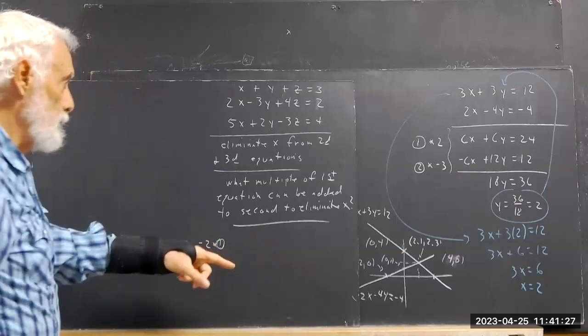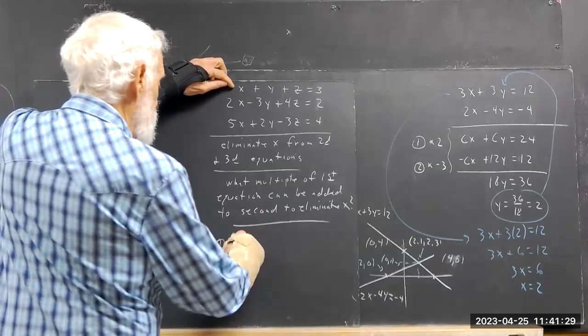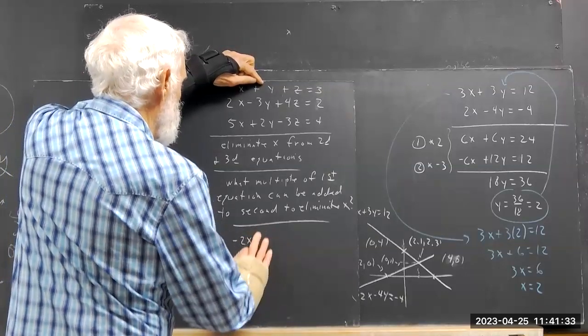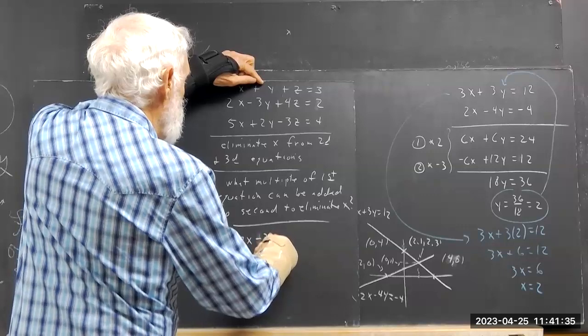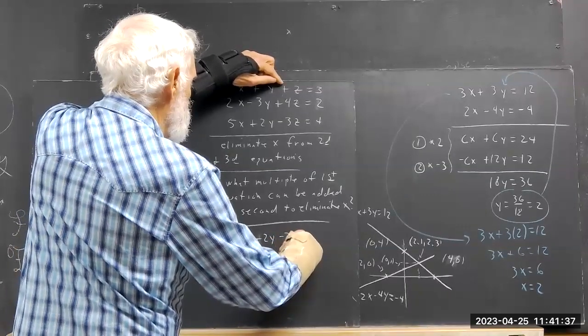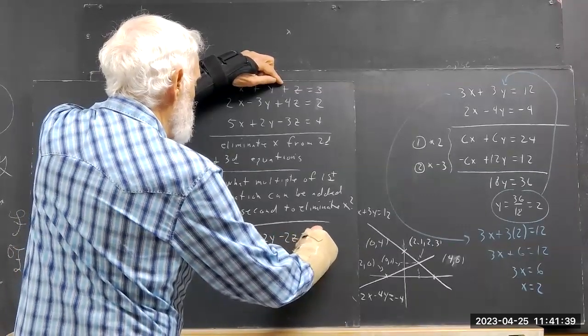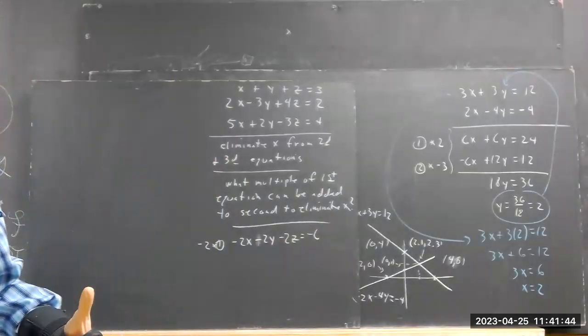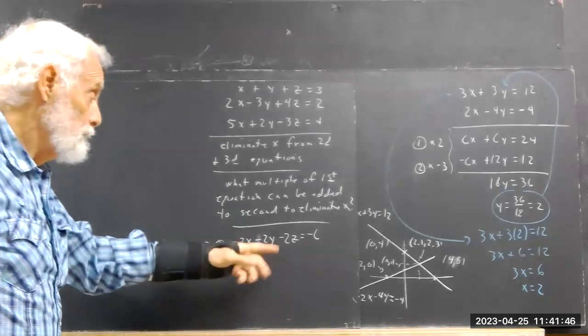-2 times the first equation: you're going to multiply x by -2, and multiply y by -2, and multiply z by -2, and multiply the 3 by the -2. Everybody doing that? Write it down.